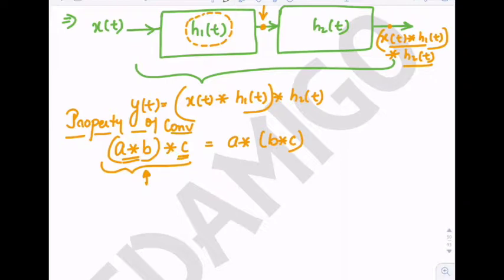So it can be done like this also. First of all we convolve b and c and then convolve the result with a, then also the result will be same, and this property is called the associative property of convolution.